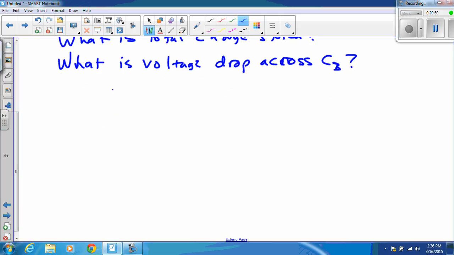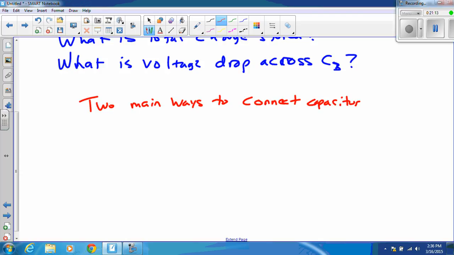Now, when we connect these capacitors like this, there are going to be two main ways to connect them. The first way to connect capacitors is what's called a series connection.